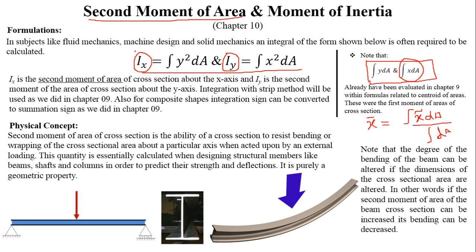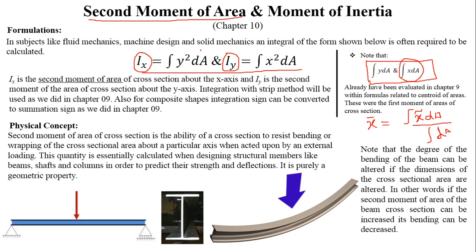Ix is the second moment of area of the cross section about the x-axis, and Iy is the second moment of area of the cross section about the y-axis.